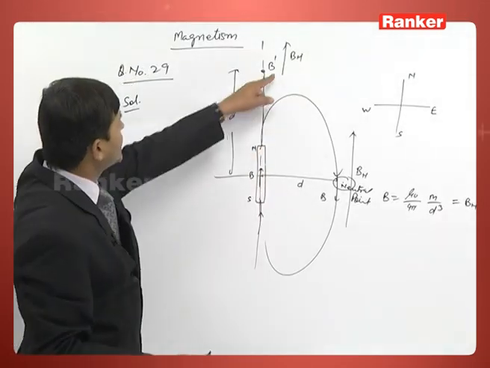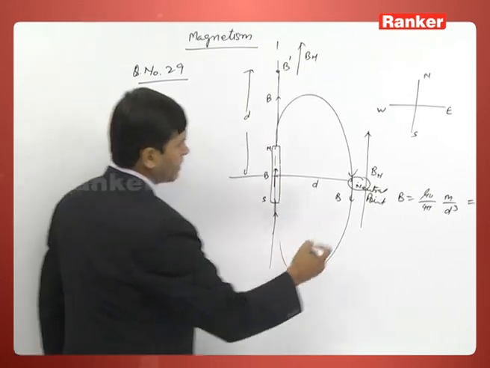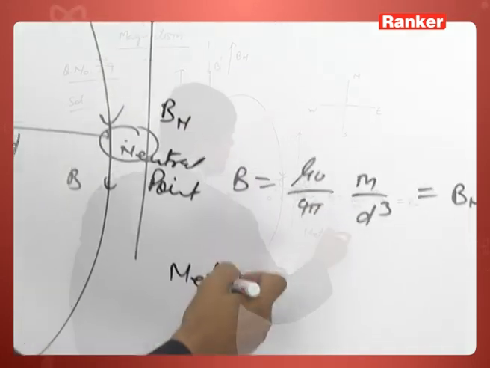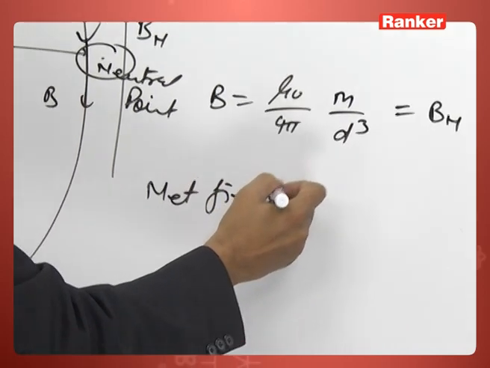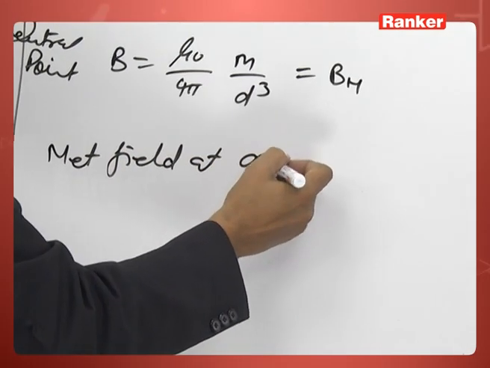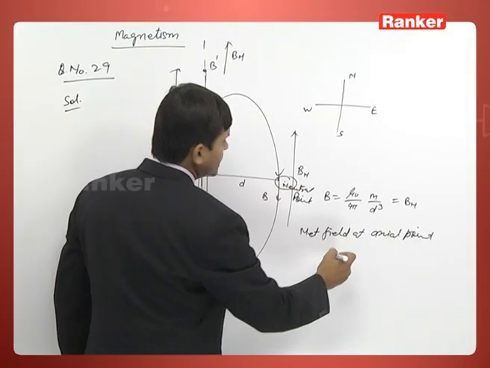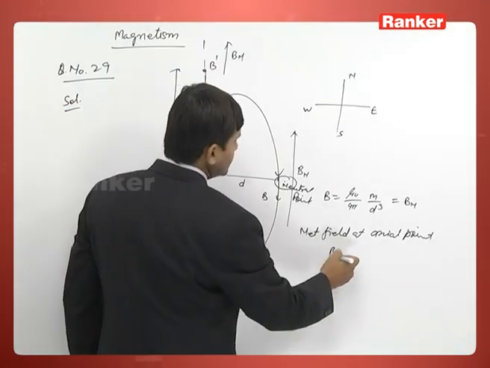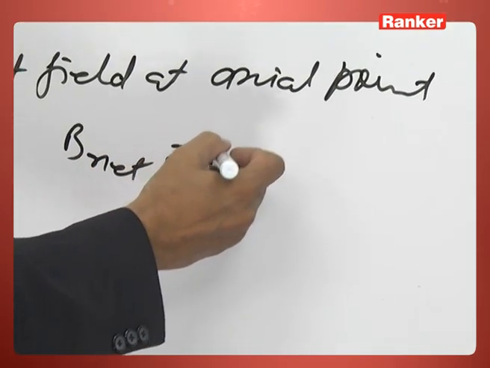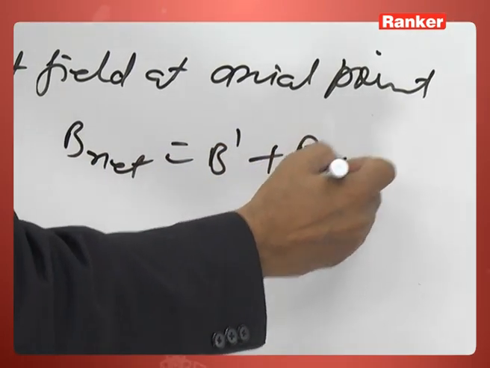So the net field at the axial point, B net, is equal to B dash plus BH.